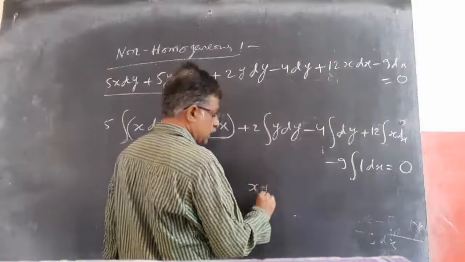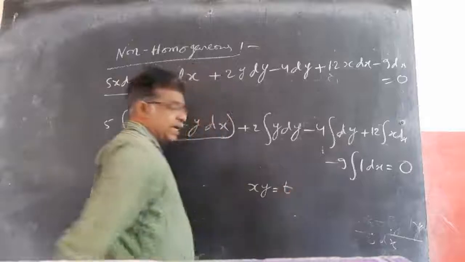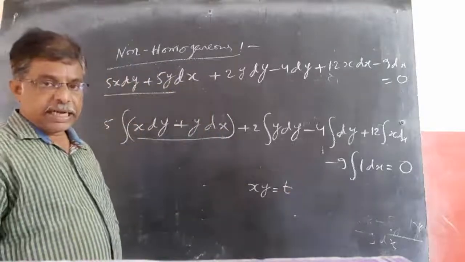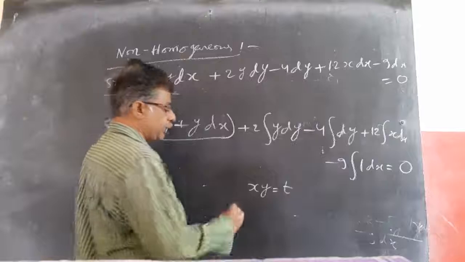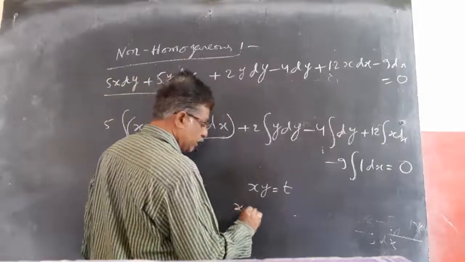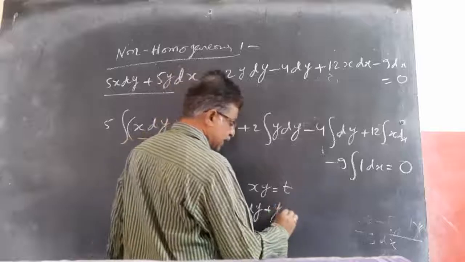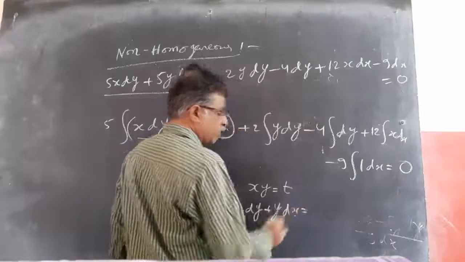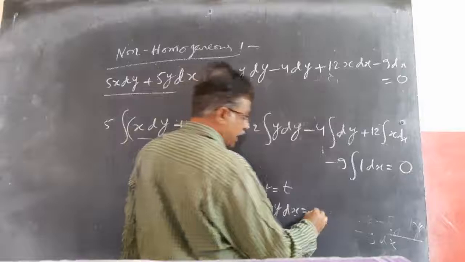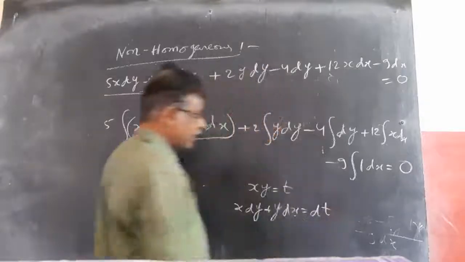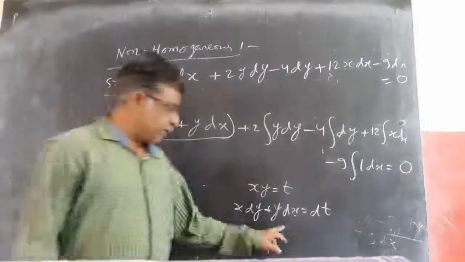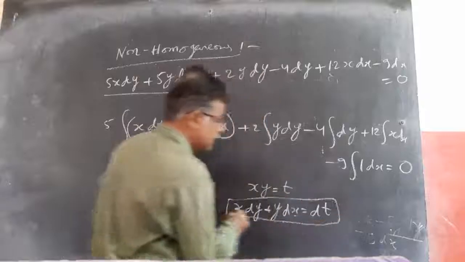Why? Let xy equal to some t. Differentiate with respect to t. What do you get? x into dy by dt plus y into dx by dt equal to the derivative of t, which is 1. Bringing dt to the other side, x dy plus y dx is always dt.